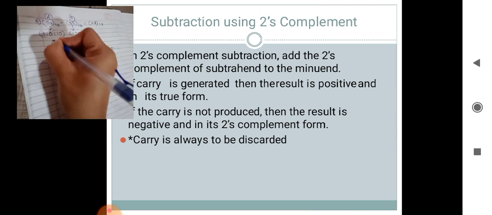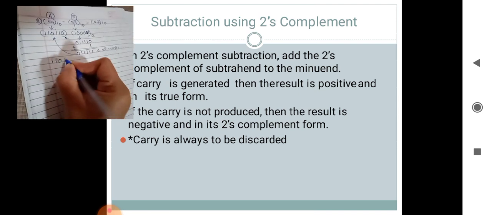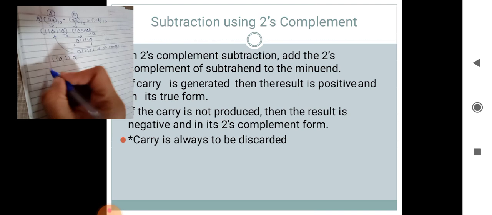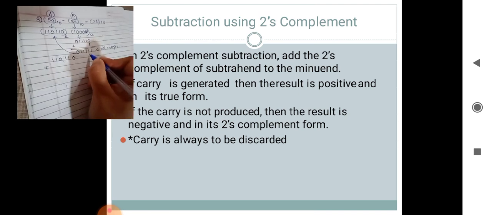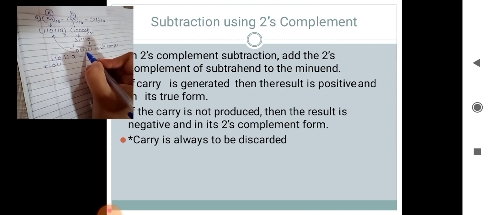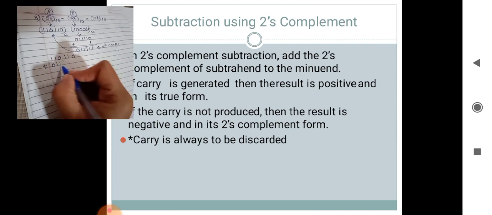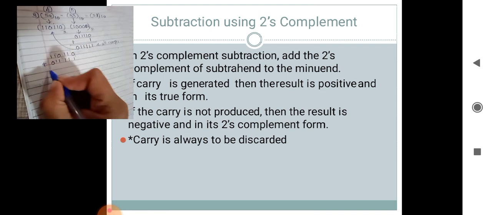We have to add this to the number 110110, that means 54. We'll add the 2's complement of 33 to it. How many ones are there? 5 ones are there, 1 2 3 4 5.